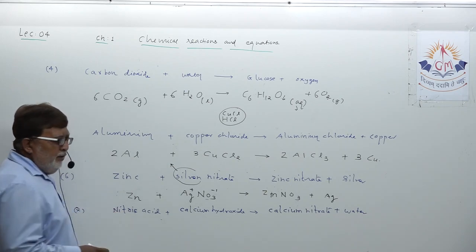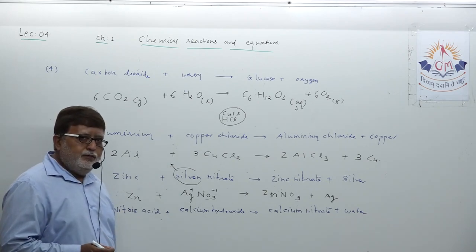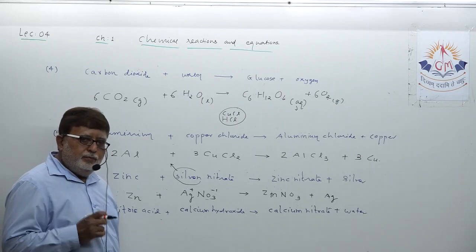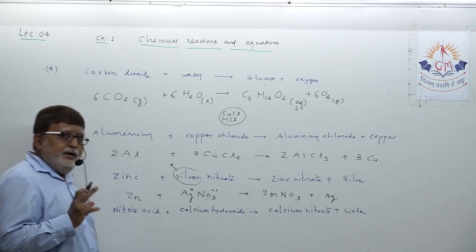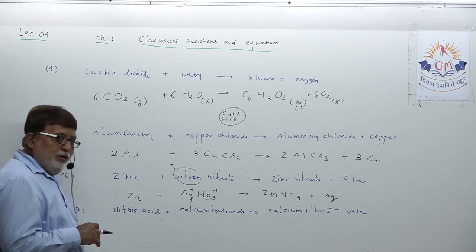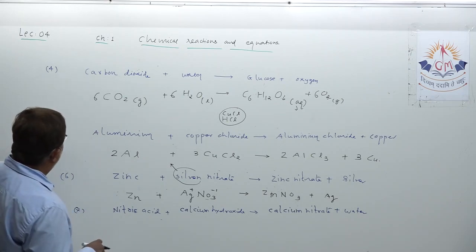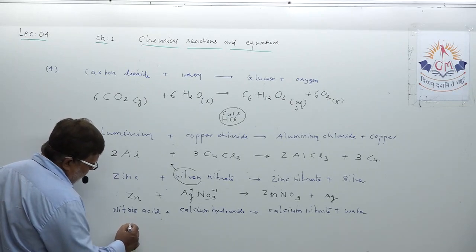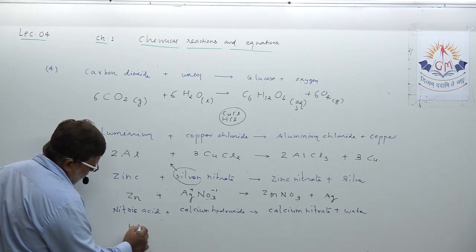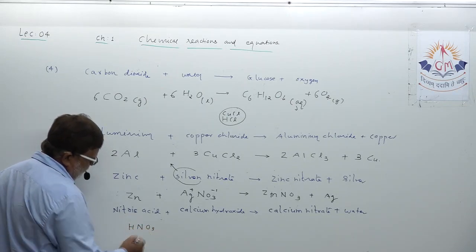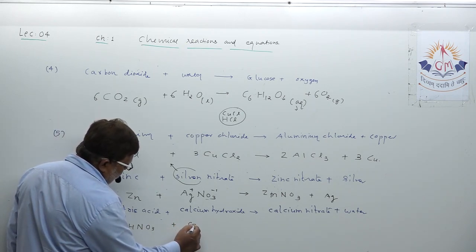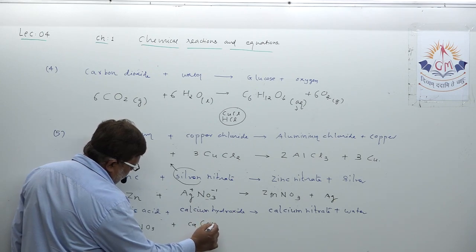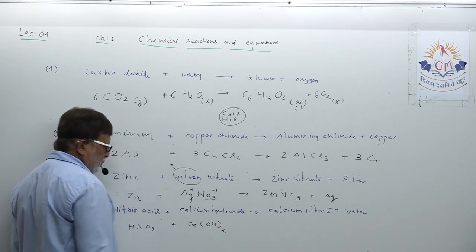Dear student, again my reminder for all of you. Chemistry is the biggest unit carrying more weightage of marks. Be very alert and sure about all chemical formulas. Nitric acid, HNO3, plus calcium hydroxide, Ca(OH)2.